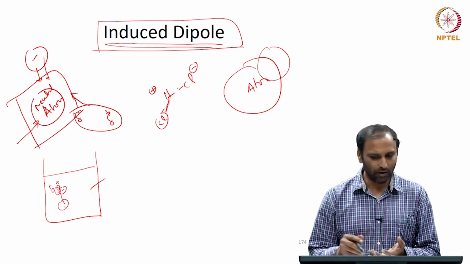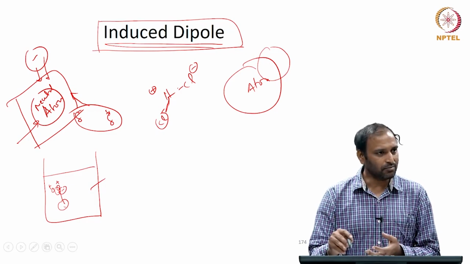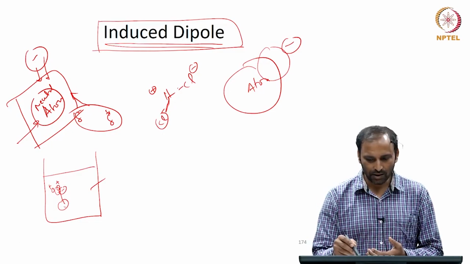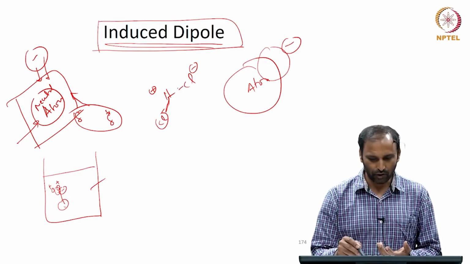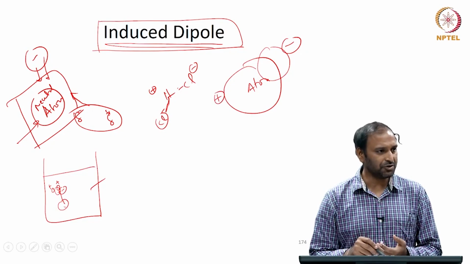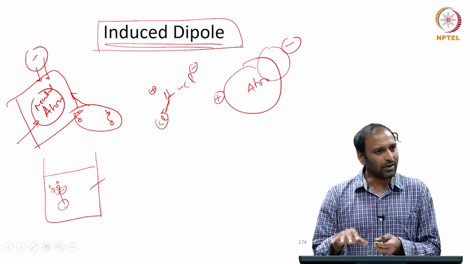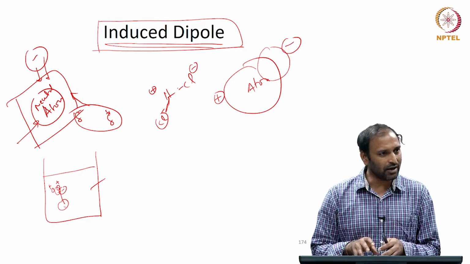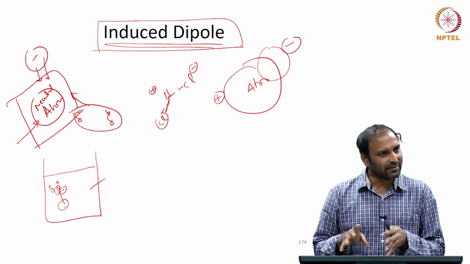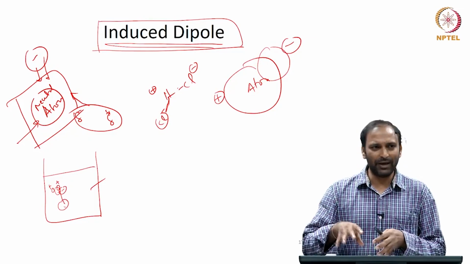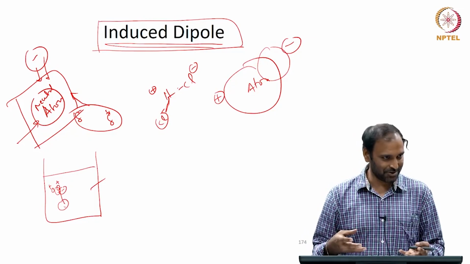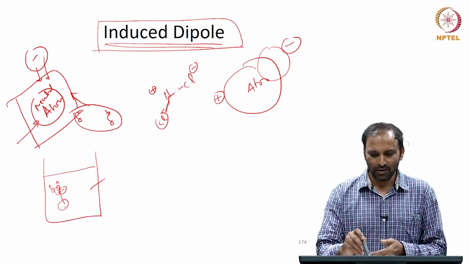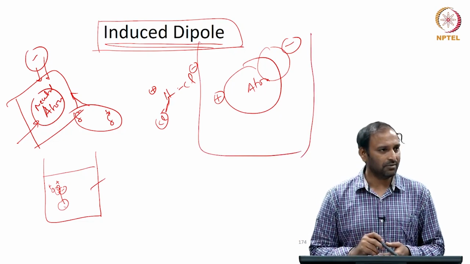Therefore, the region where there are more electrons will acquire a negative charge, and the region where there are fewer electrons will acquire a positive charge. This only occurs momentarily; it may or may not happen, it is a statistical process, and it can happen for a large number of molecules in a container.